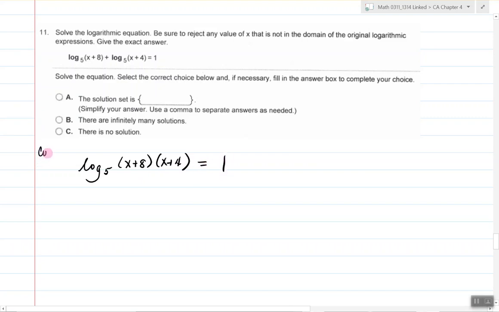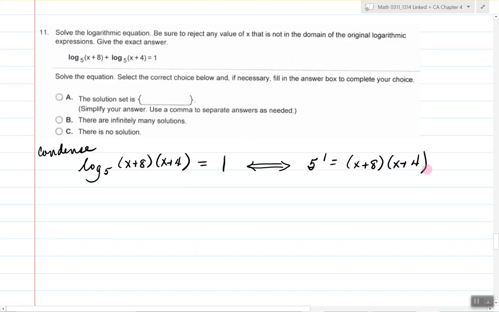So I condensed it. All right, now I'm going to rewrite it in exponential form. So I have 5 to the 1st power is equal to x plus 8 times x plus 4.